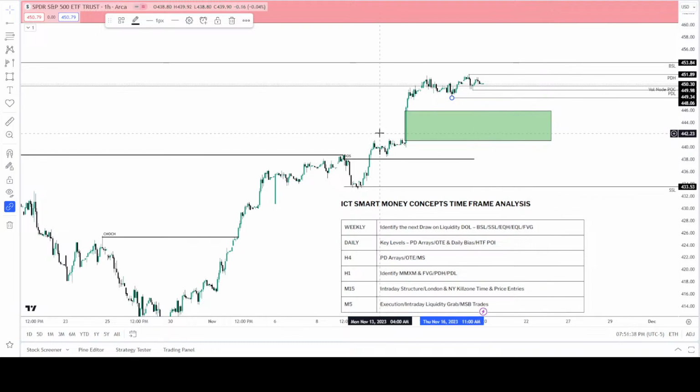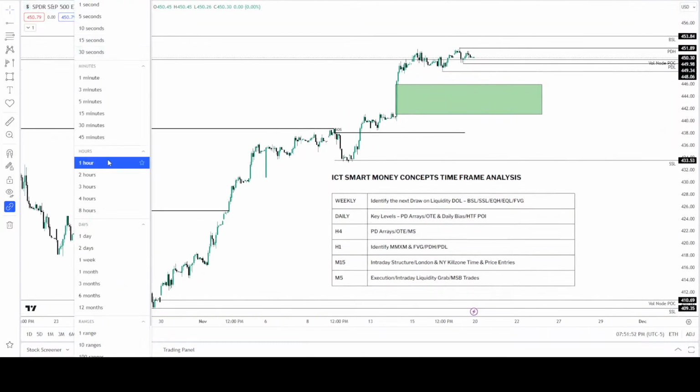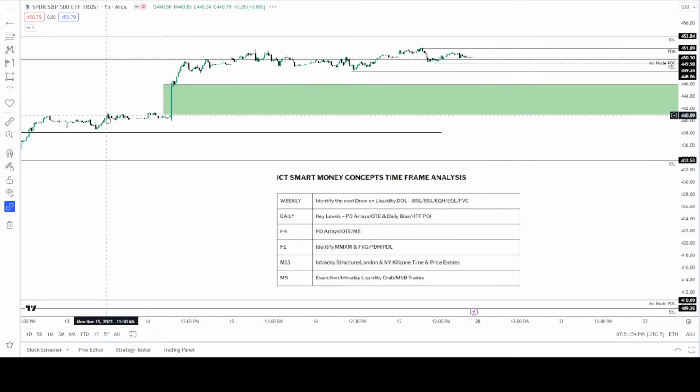So important to know those liquidity targets, because price is run by delivering on liquidity in one direction.